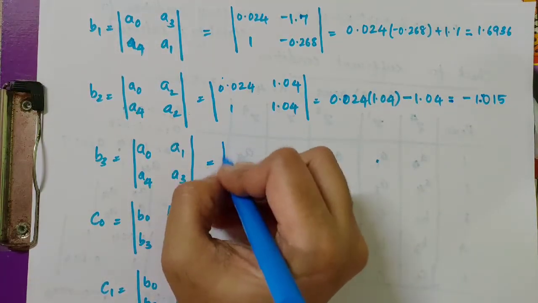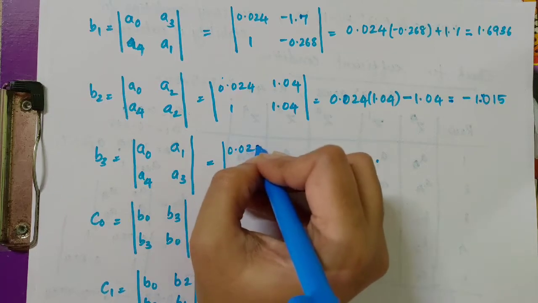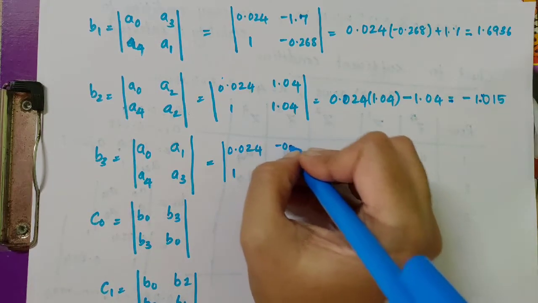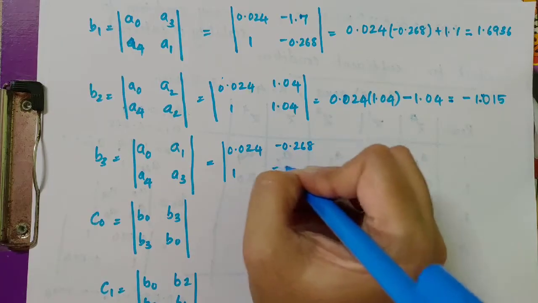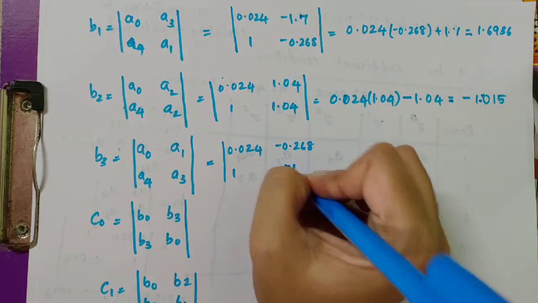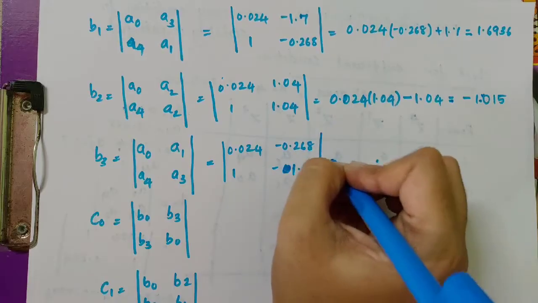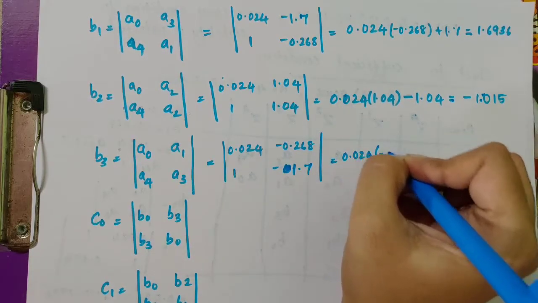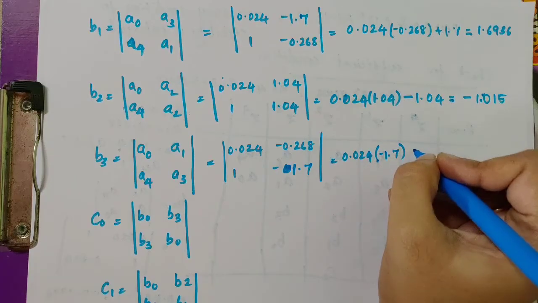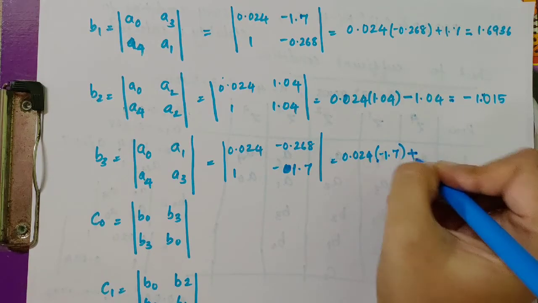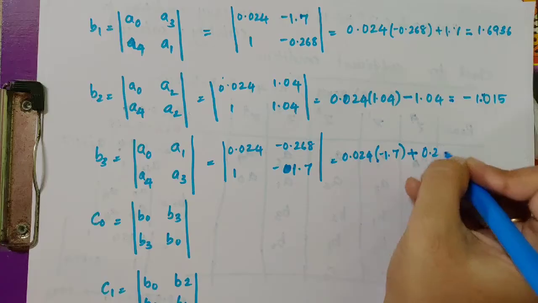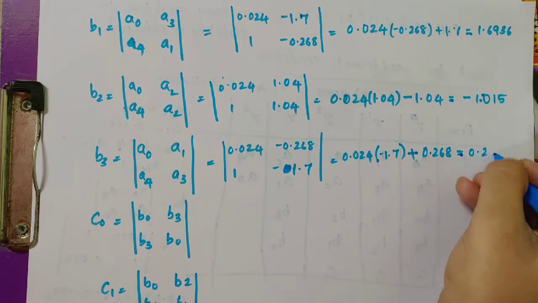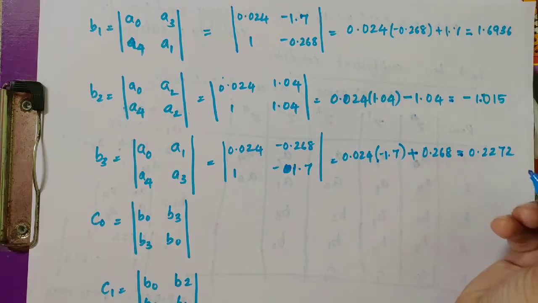This is equal to 0.024, 1, minus 0.268, minus 1.7. That is 0.024 into minus 1.7 plus 0.268, that is equal to 0.2272.